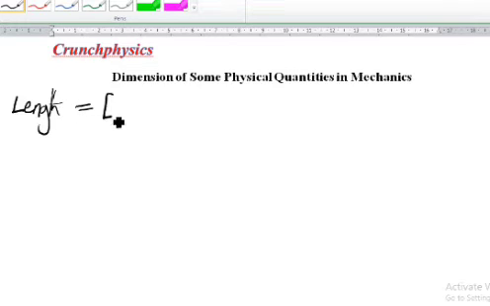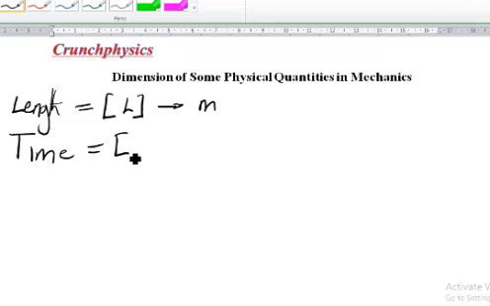Length, the dimension is L, and the unit is meters. Time, put it in square brackets, is represented as T, and the unit is seconds.